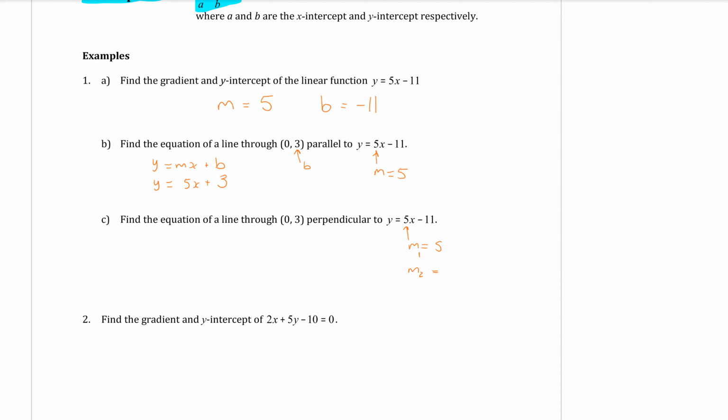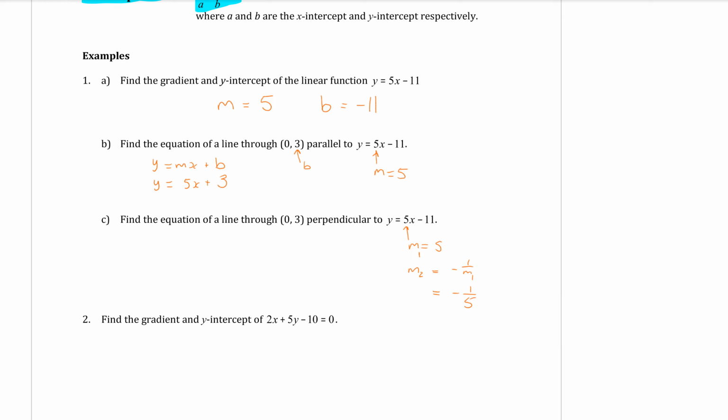Now we know that the two gradients have to multiply together to give negative 1, or we had a second formula, which was m2 equals minus 1 over m1. In other words, the negative reciprocal of the first gradient. So if I sub in the m1, that's minus 1 over 5.